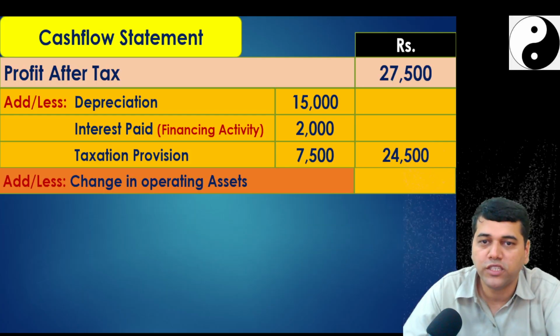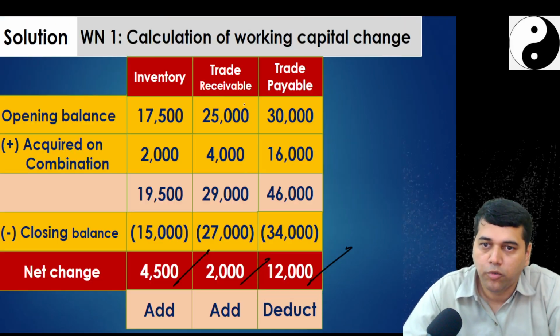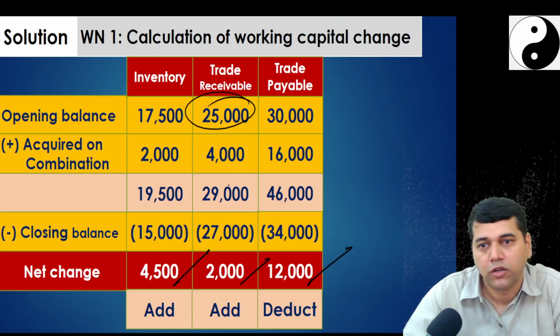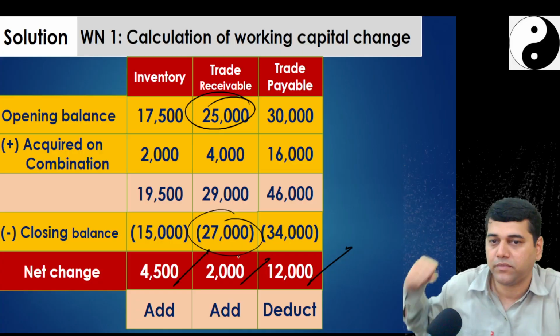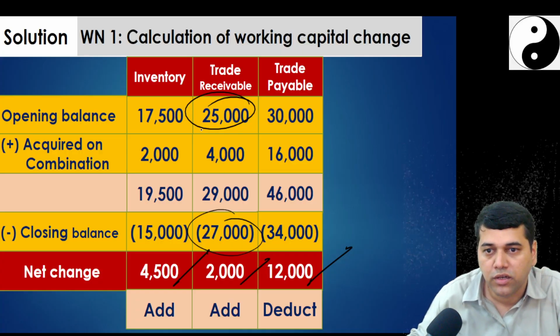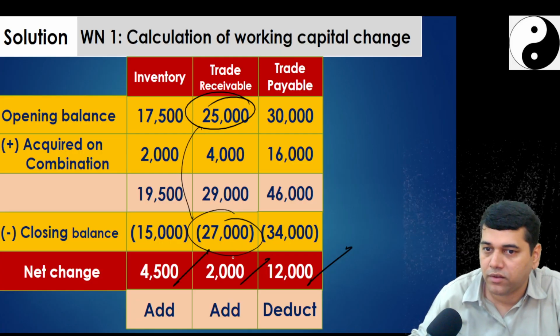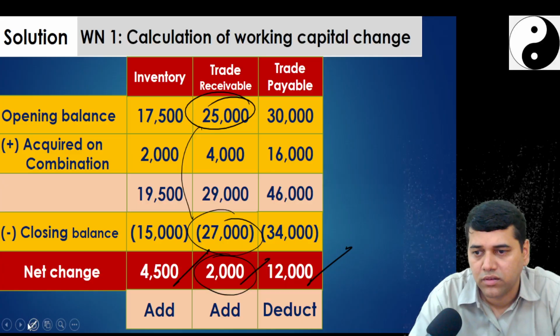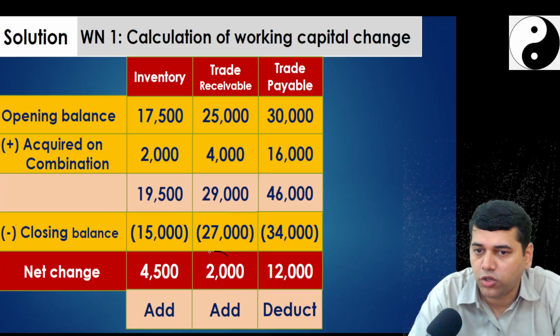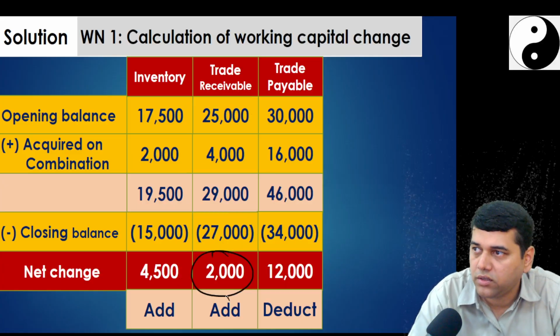If I go back to the statement, see, this is my debtor statement. Opening was 25. Closing is 27. You would have straight away said 4,000 came. Okay, not 24,000, this 2,000 came. You got 2,000, no?